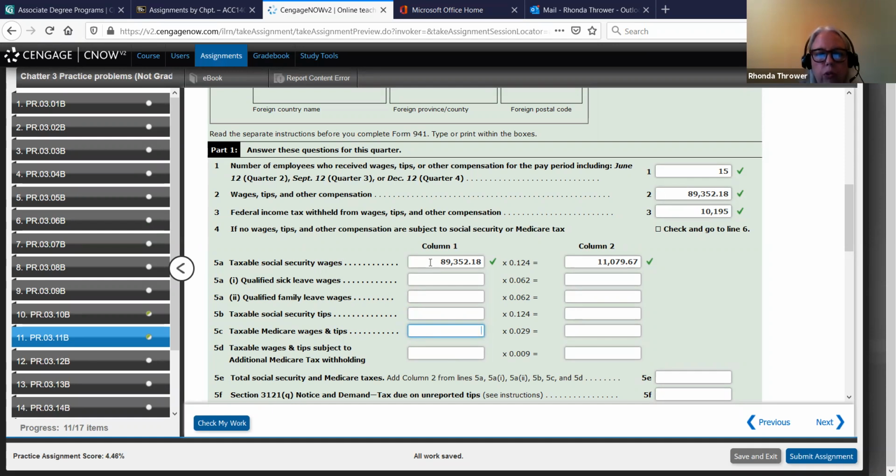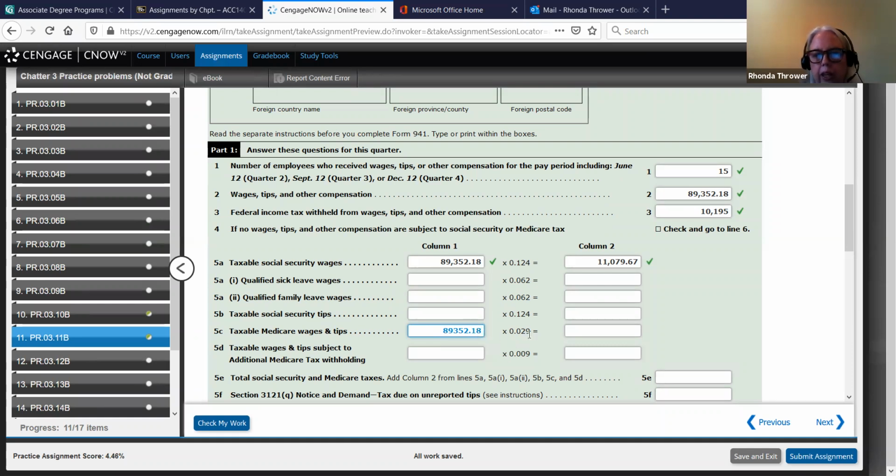Notice that was your Social Security portion up here. Now we're doing HI right here. All of the wages are subject to HI tax, $89,352.18 are going to be subject to the tax.